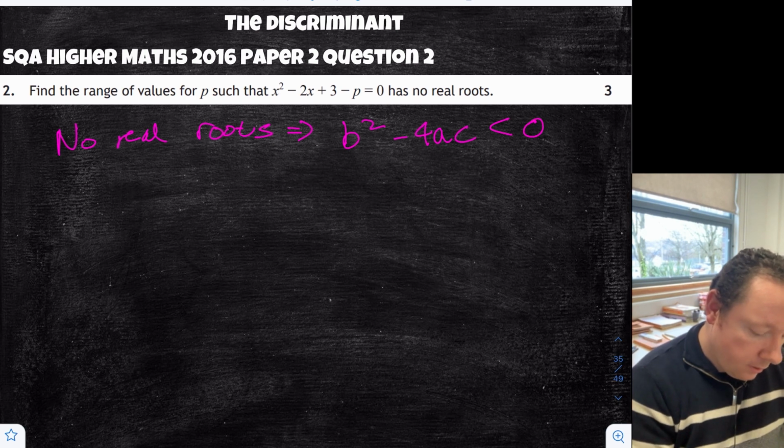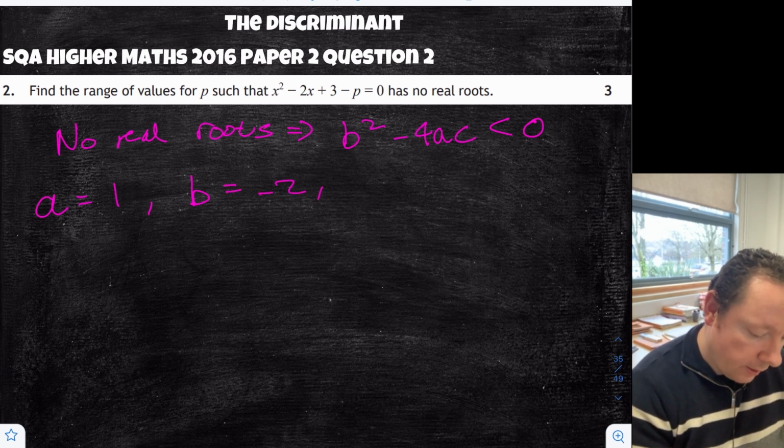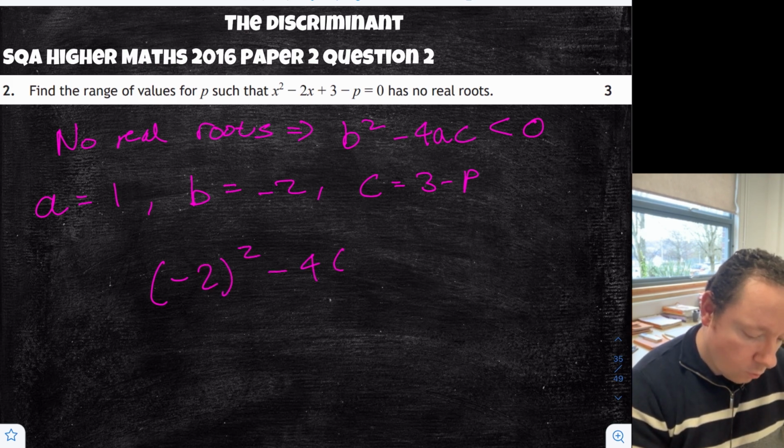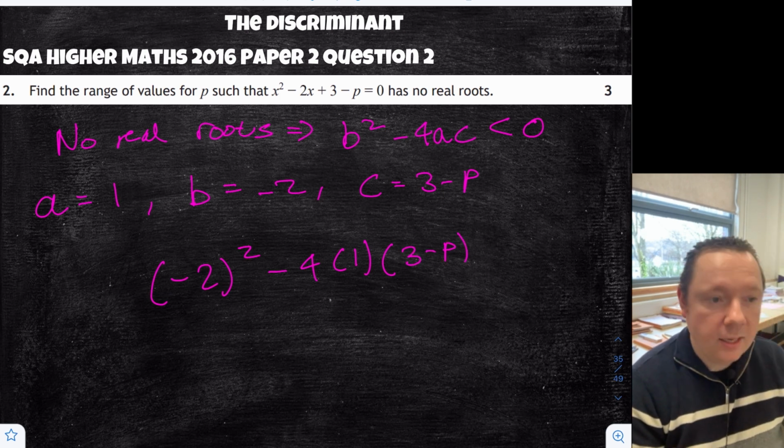So our a is equal to the number in front of x squared, so that's 1. Our b is the number in front of x, so that's minus 2. And our c is 3 minus p. So subbing that in, we get (minus 2) squared minus 4 times 1 times (3 minus p) is less than 0.